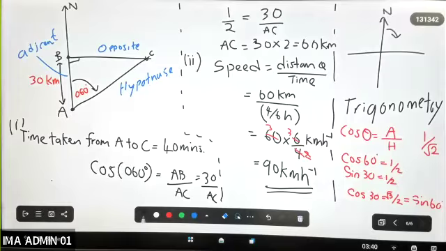The boat travels towards B from C and moves to D. If DB is equal to 25 kilometers, find the bearing of A from D, to the nearest degree.